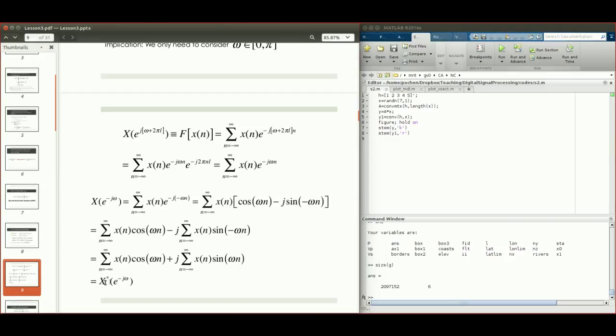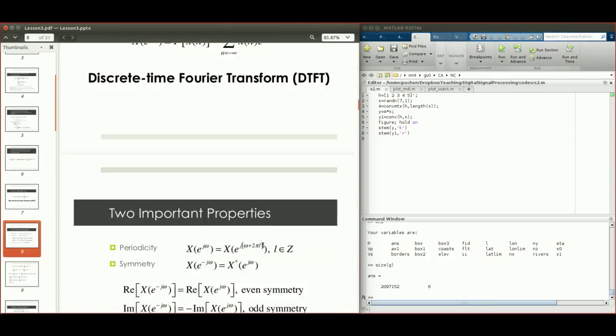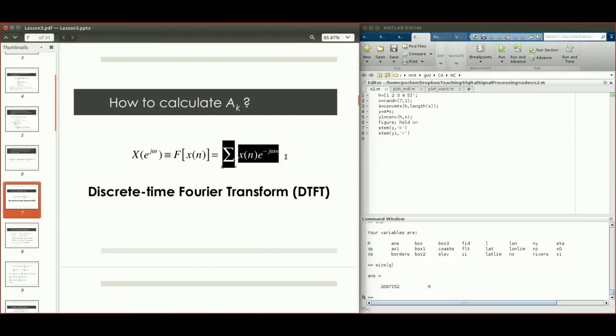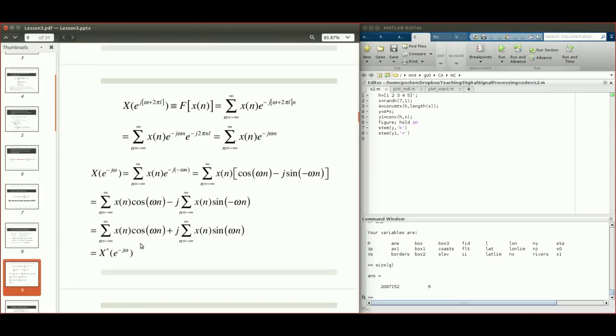And then you have reached the conclusion, because this particular formula is exactly the conjugation of the old formula. If you expand the old one using Euler's formula, you get cosine omega n minus j sine omega n, but here you have cosine omega n plus j sine omega n with x[n] multiplied on top of it.